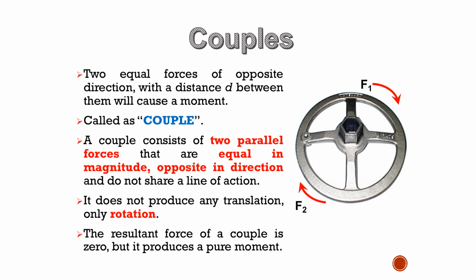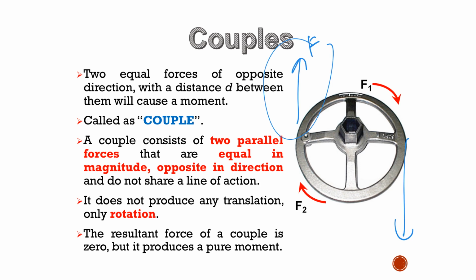You can see that when you put your hands on the steering wheel and you want to make a rotational motion, if you want to turn to the right, both hands are moving in different directions, right? So one is going like that and one is going like that. When it's moving in different directions, this is what we call a couple.